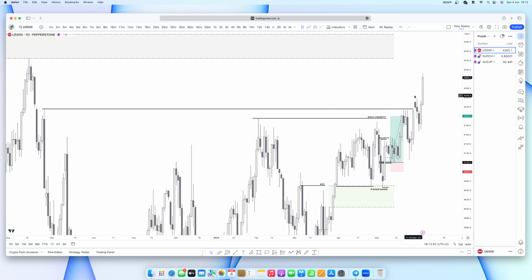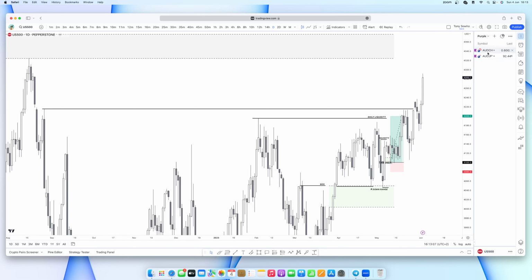As you can see, it came down Monday, Tuesday, Wednesday, into the imbalance that price completed on Monday, and then went all the way to the upside. But I wanted this liquidity to be captured, and that was what happened as soon as market opened. So I would say the analysis played out, but it just played out too early.